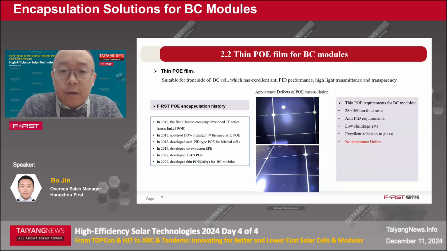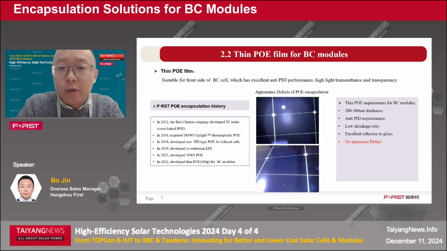So in the pictures in the middle of the presentation, you could see that very tiny defects could be easily noticed for the BC module, and we could easily see this kind of situation when we use POE for the encapsulation on the front.